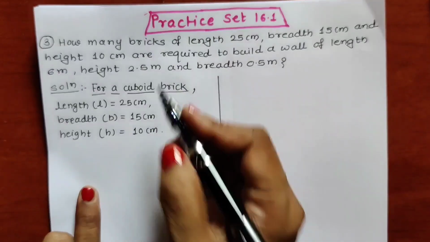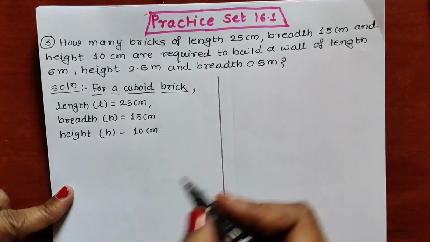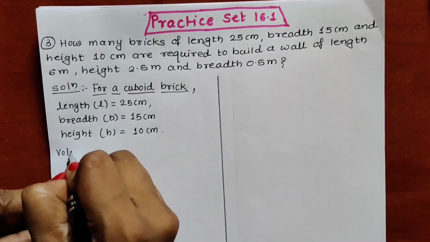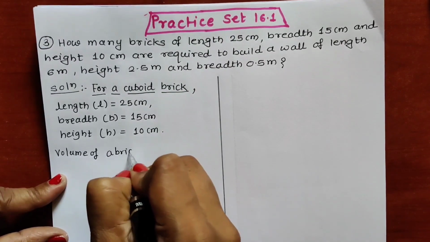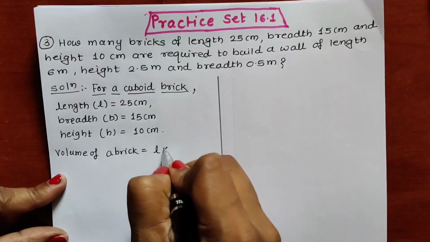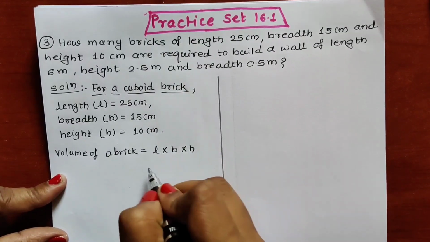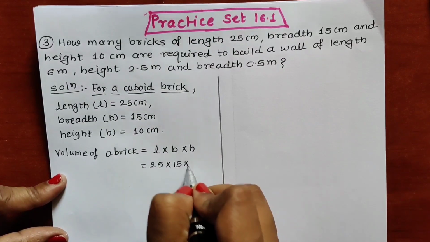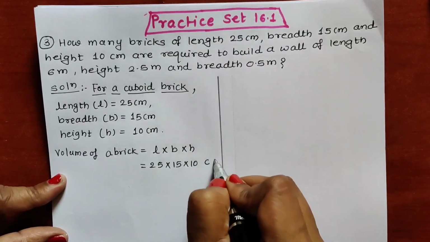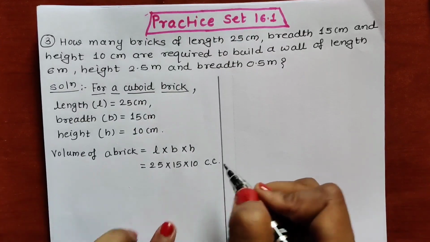First we will find out the volume of cuboid brick. So we write here volume of a brick. Volume of a brick is equal to length into breadth into height will be equal to 25 into 15 into 10, the unit will be cubic centimeter.